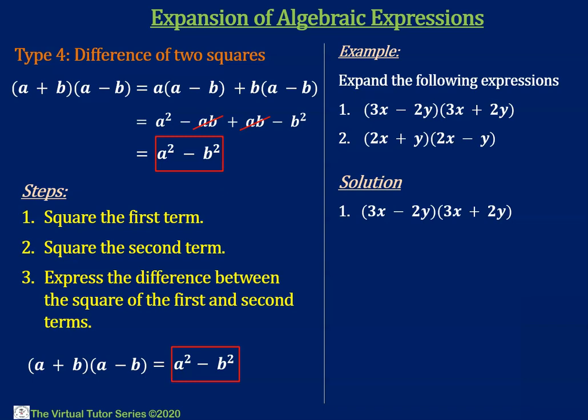So we have (3x) all squared. Step 2 is to square the second term. So we have (2y) all squared. Step 3 is to express their difference. (3x) all squared is 9x squared, and (2y) all squared is 4y squared.